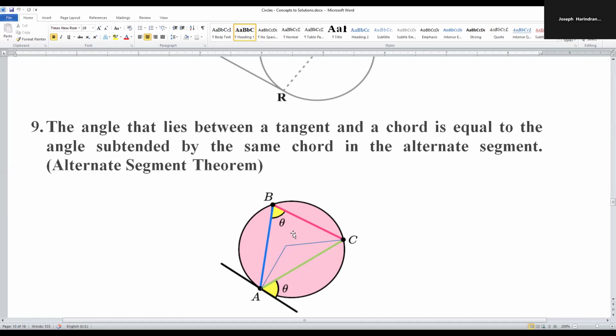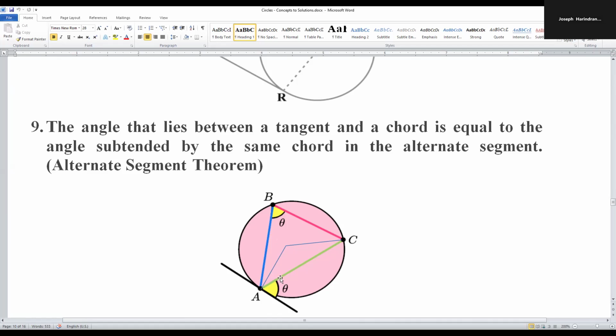It can be proved, of course. If O is the center of the circle, we can join the center. Two radii can be drawn. In the triangle AOC, we mark the center at O here. We have an isosceles triangle. The two angles OAC and OCA are equal, angles opposite to equal sides.